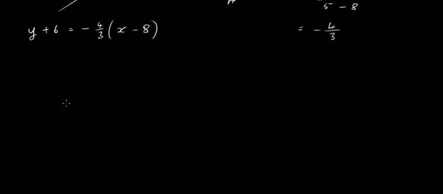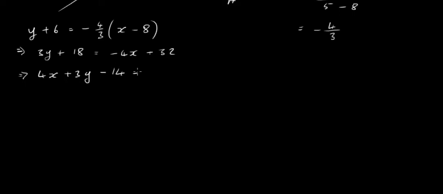So let's just multiply across by 3 here. So we get 3y plus 3 6s 18 is equal to minus 4x plus 4 8s 32. Let's bring everything over to one side. So we'll say 4x plus 3y, and we have a plus 18 minus 32, and that will give me minus 14, I think it is, equal to 0.